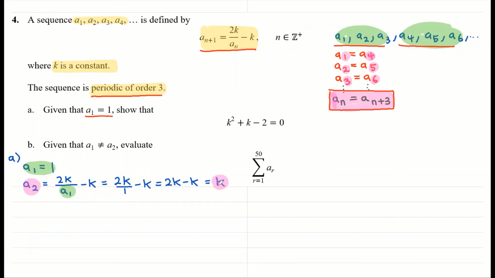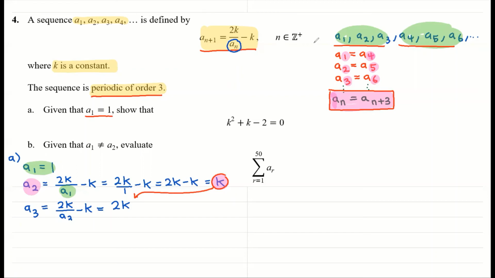Right, let's continue with this. Let's find A3. We're going to take 2k and divide that by A2, the previous term, because that's what the recurrence relation tells us to do. So it's A_n on the bottom. Then we subtract k. So this is going to equal 2k over the k we've just found, which needs to be fed back in.